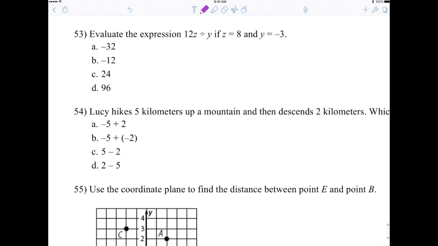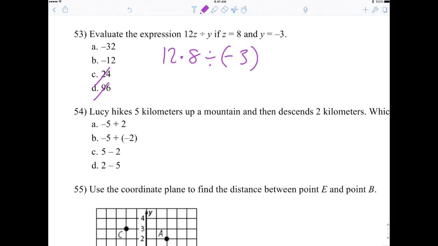All right. 53. I need for somebody to tell me 12 times 8 divided by negative 3. So the answer has to be negative. Beautiful. So right off the bat, I'm crossing out C and D. All right.